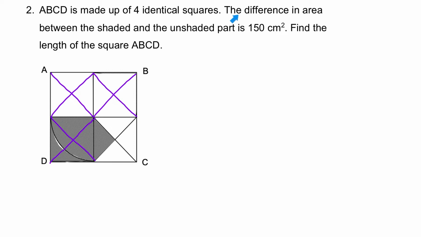So let's look at this sentence again. The difference in area between the shaded, which is 5 triangles, and the unshaded part, which is 11 triangles, is 150 cm square. Therefore, the difference is how many triangles? 11 minus 5? 6 triangles. So the first step, area of 6 triangles is equal to 150 square centimeter.